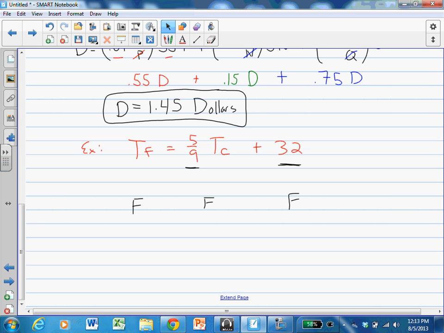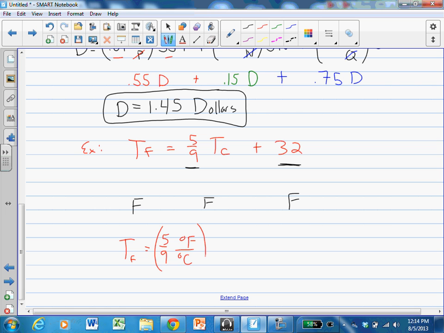written more correctly, TF equals 5/9, and the units on that, since we're going to be plugging in Celsius, would have to be degrees Celsius on the bottom, degrees Fahrenheit on top. That's our thing, times the TC. And on the 32, well, we need Fahrenheit. We're not plugging anything in next to it, so it would be 32 degrees Fahrenheit.